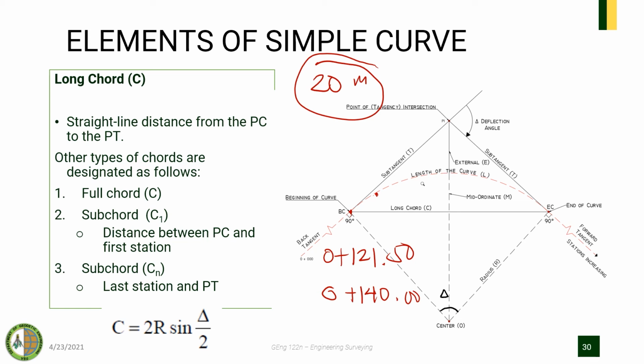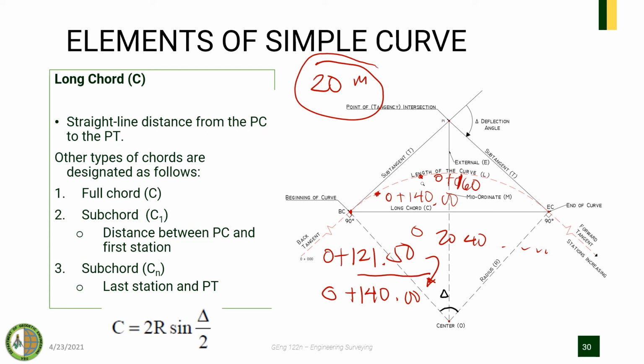What's the next possible full station after 121? It could be 140, because we have 120, 140, and so on. Therefore, your first subchord ends at station 0 plus 140.00. The next point along the curve is 0 plus 160, and so on until you reach EC.